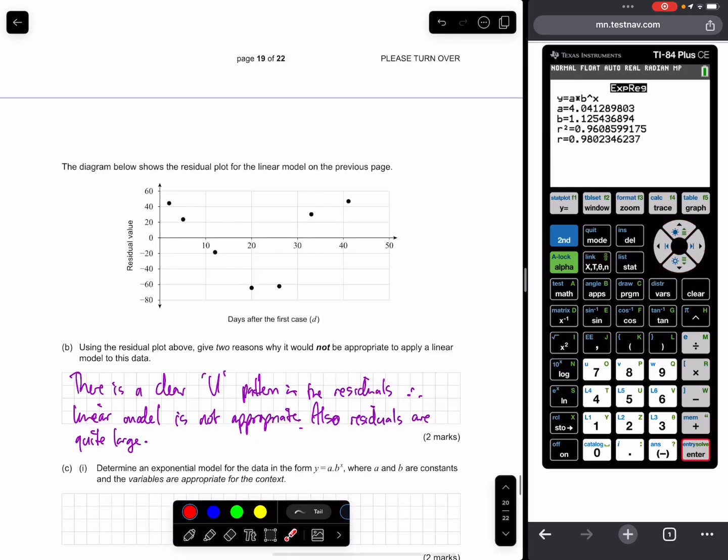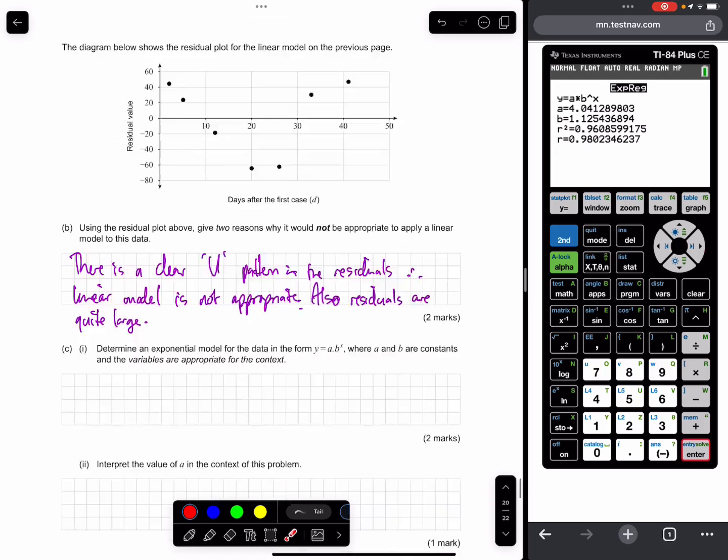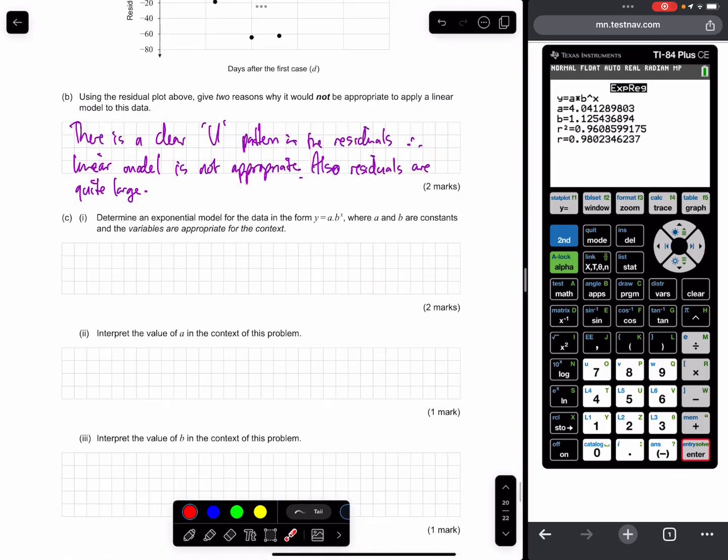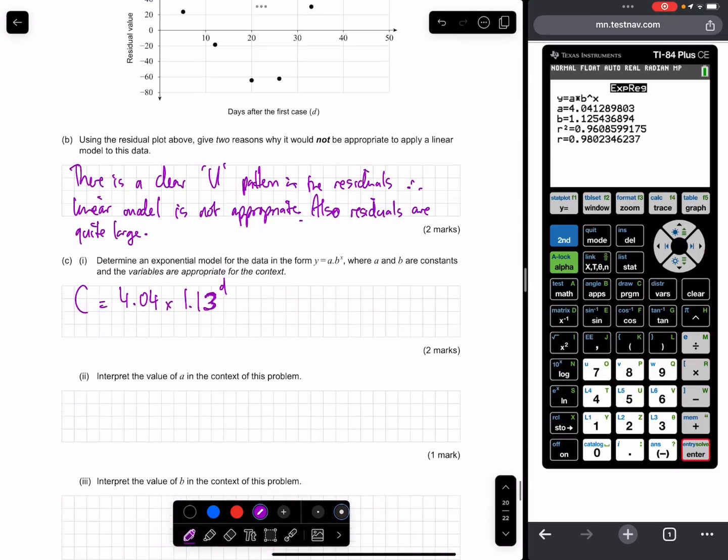So the variables are D and C. So the cases, C is equal to 4.04 times by 1.13 to the power of D. Those are appropriate variables.